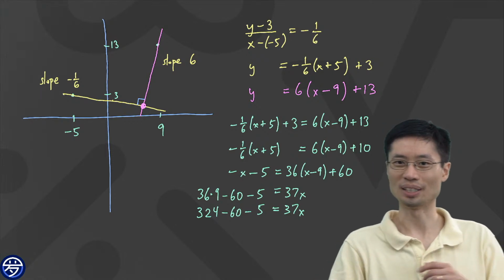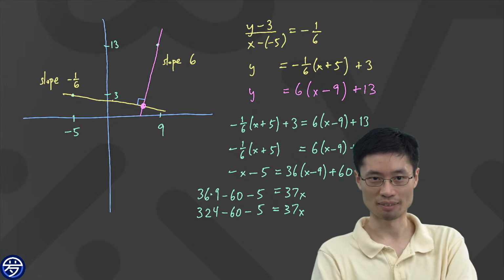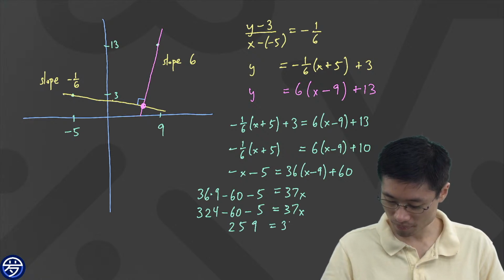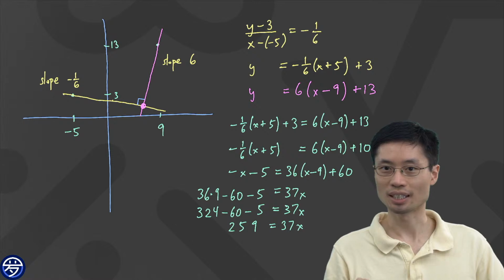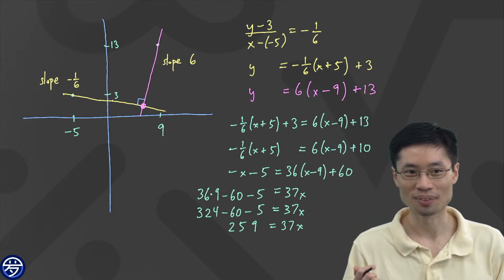Oh no, really? 264 minus 5 is 259. I hope. Did I do that right? I could have done the subtraction wrong. I tend to do subtraction wrong all the time.